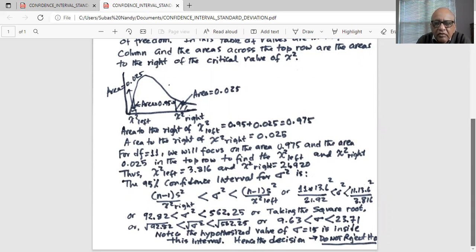Notice the hypothesized value of sigma equal to 15 is inside this interval. Hence the decision: do not reject H0. Because the hypothesized value of the standard deviation, 15, is inside the 95% confidence interval, we do not reject H0.